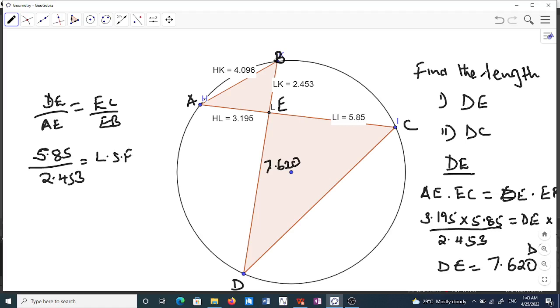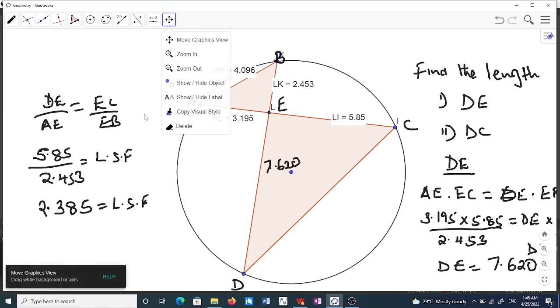When you get this ratio, you can use it with the HK for you to get the other corresponding side, which is DC. So what is this ratio here? I get 2.385. So this is my linear scale factor. If this is the smaller side, for you to get the bigger side, you multiply the ratio times the smaller side.